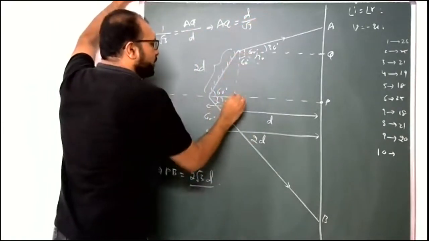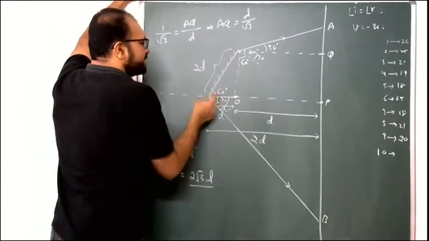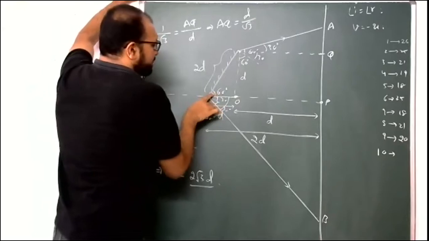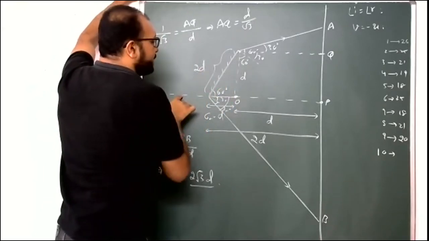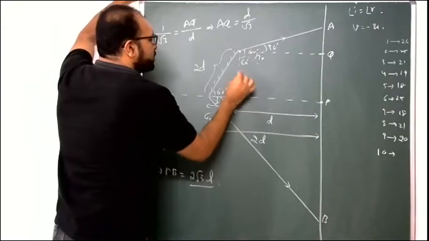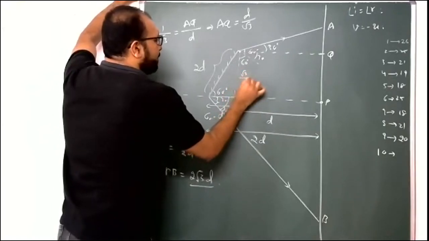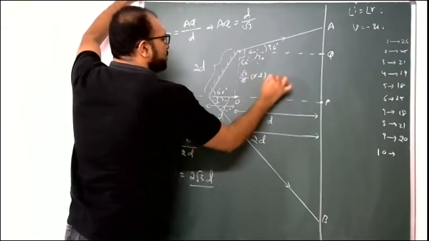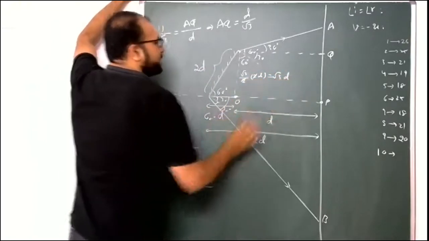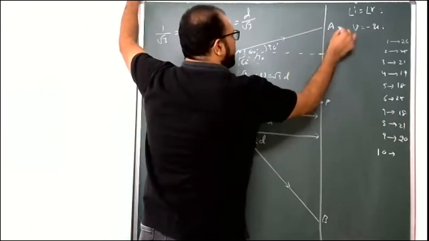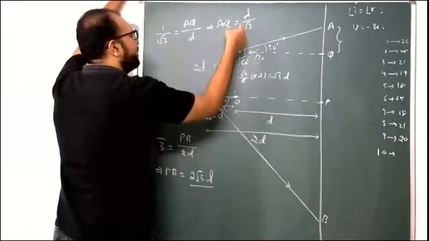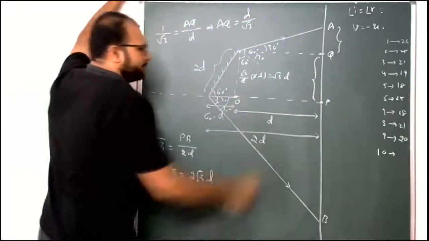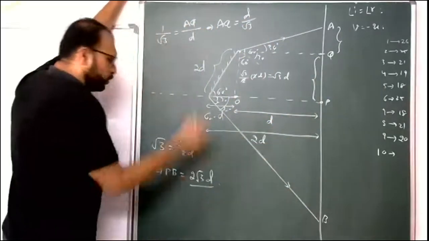Here to here 2D, 60. So sin 60 is √3 by 2. Opposite side is √3 by 2 into hypotenuse 2D, so total √3D. Students, here to here AQ is D by √3, here to here √3D, here to here 2√3D.